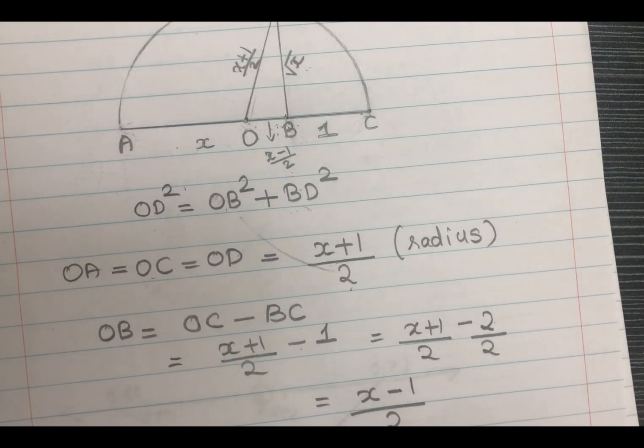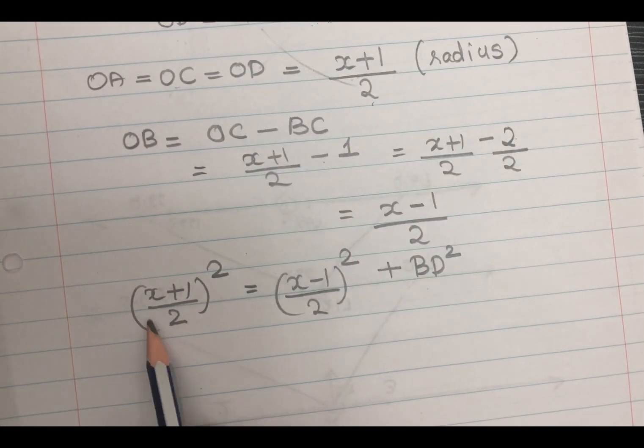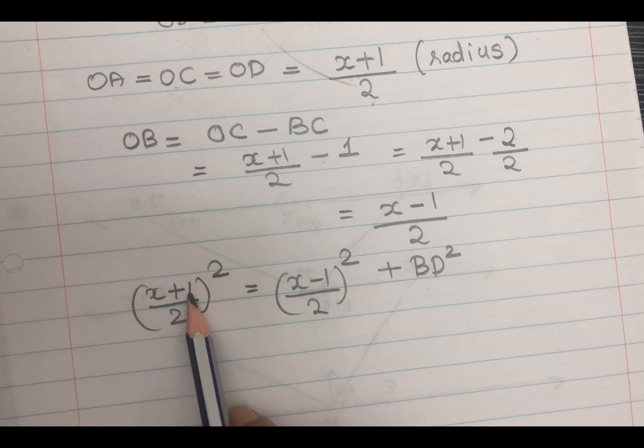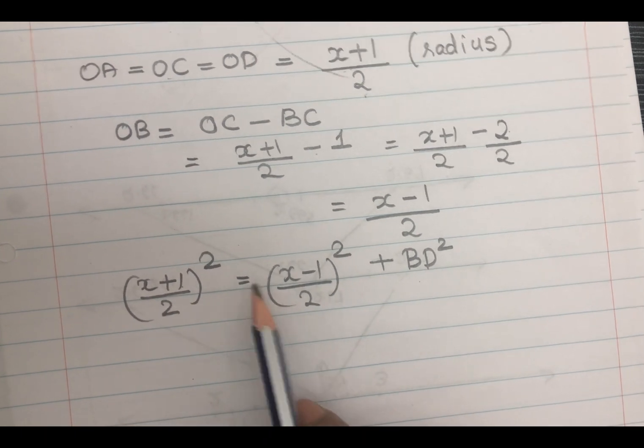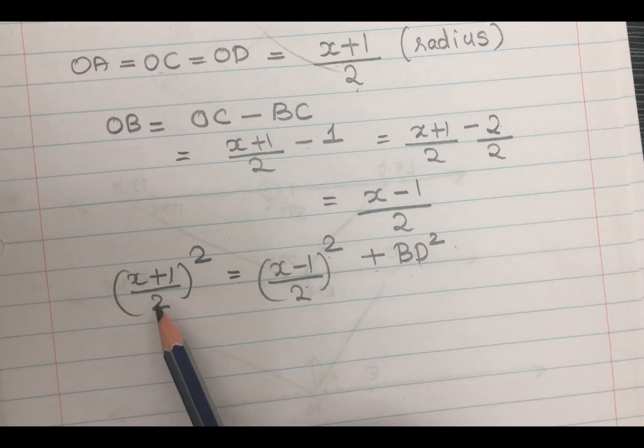We need to find BD, right? OD square is equal to OB square plus BD square.